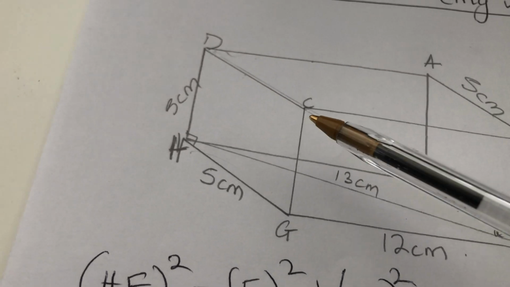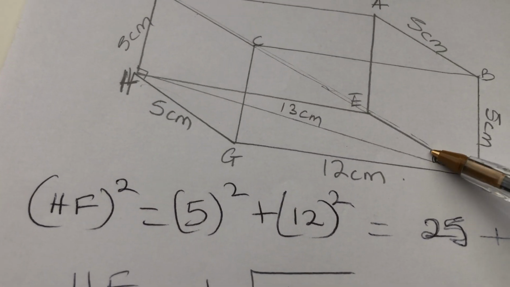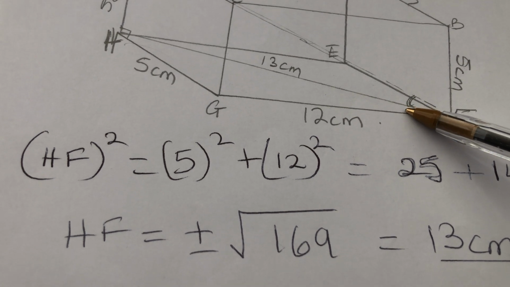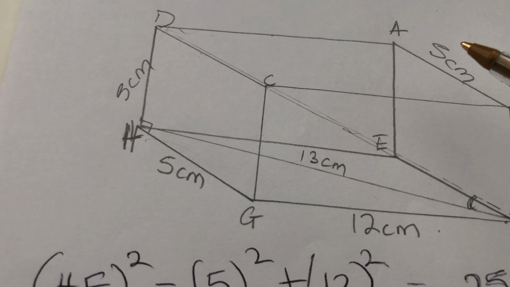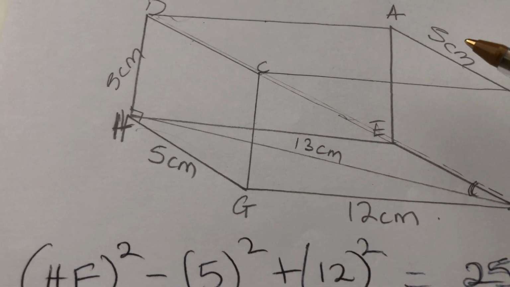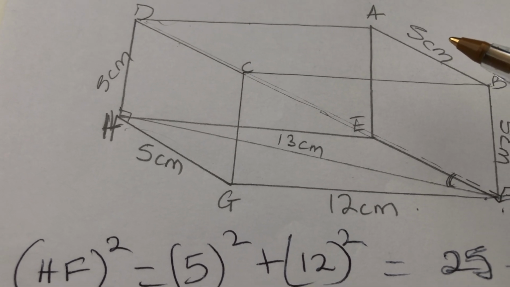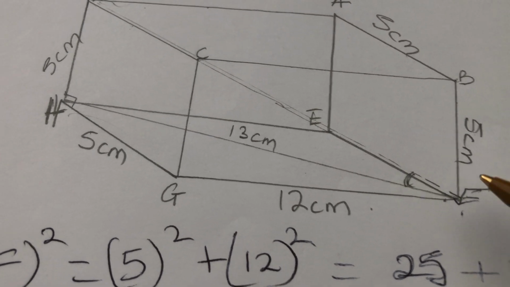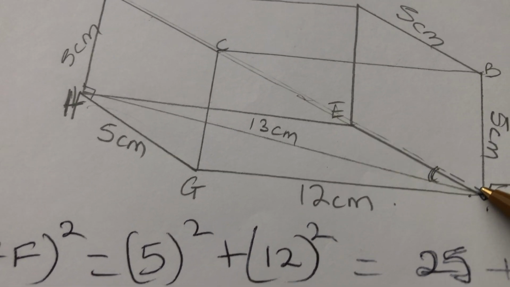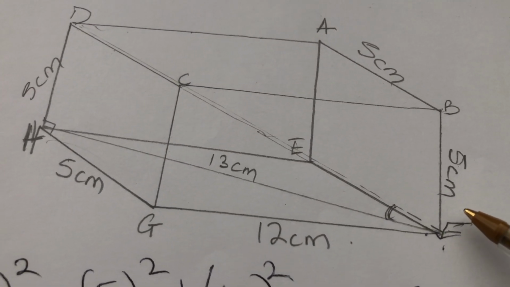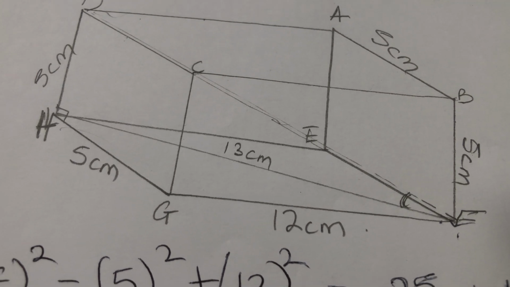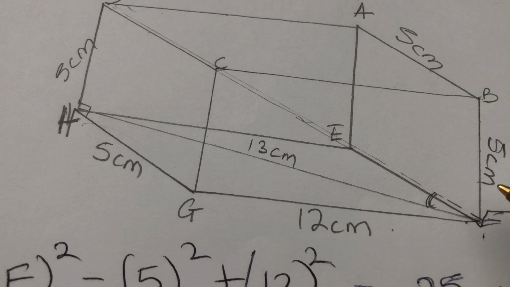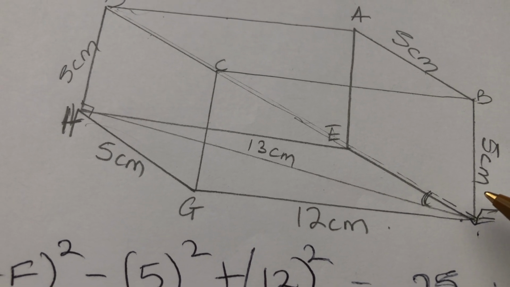So this angle here is 21 degrees. Next time you get a box, don't be quick to throw it away. This is like trigonometry in 3D. If you look at it carefully, you can do it. Don't look at the question, as I've always said, and get intimidated.